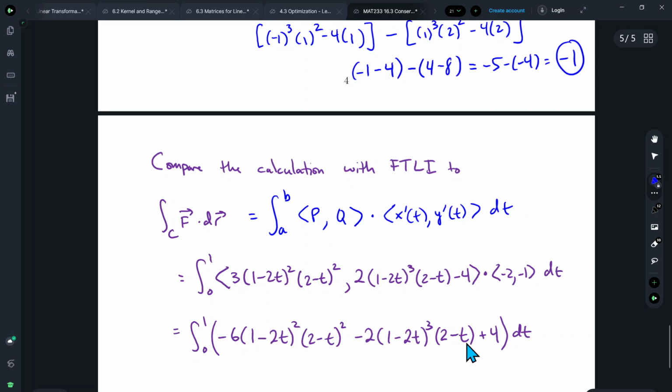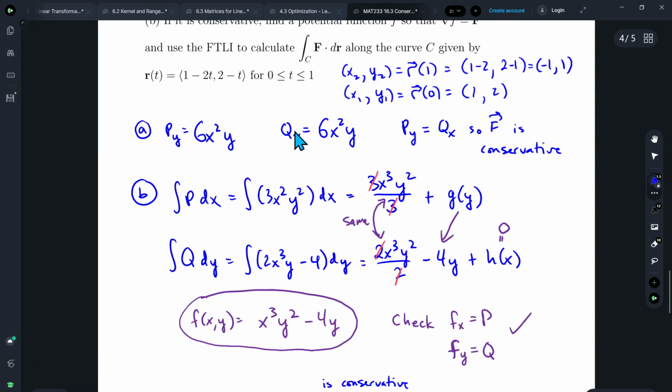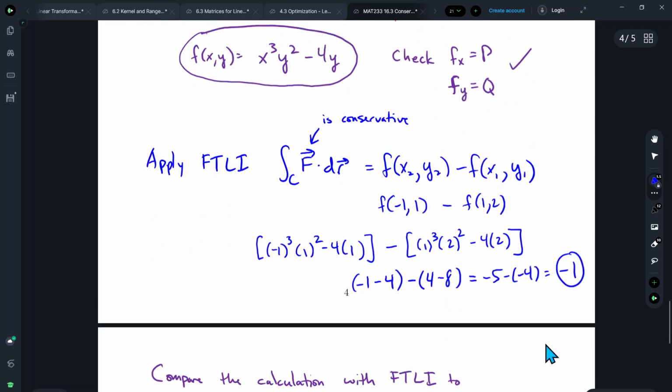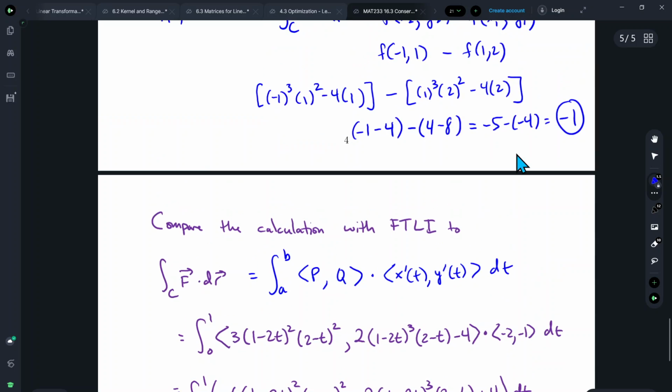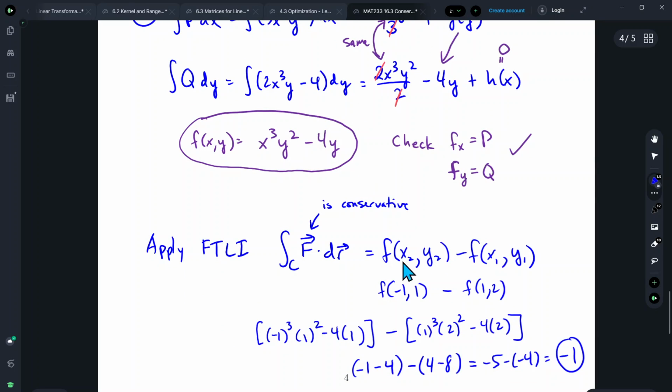You have to determine for yourself whether finding the potential function and applying the fundamental theorem is easier than this calculation. If you proceed with this calculation, you can check that the value should be equal to negative 1. Okay, so that's how we apply the fundamental theorem of line integrals.